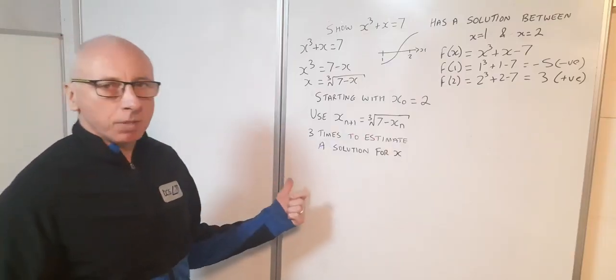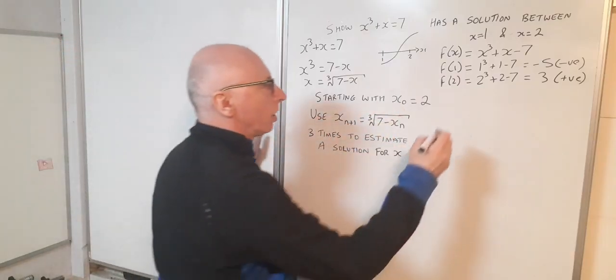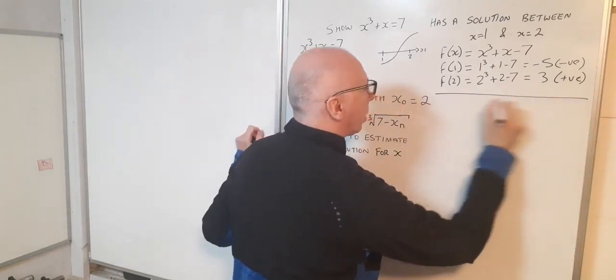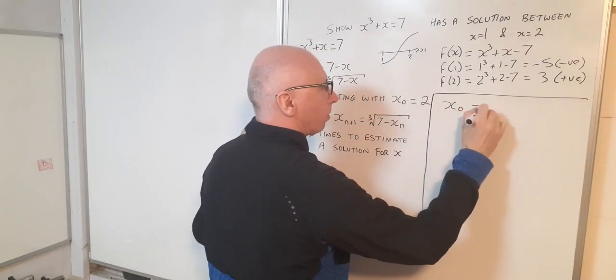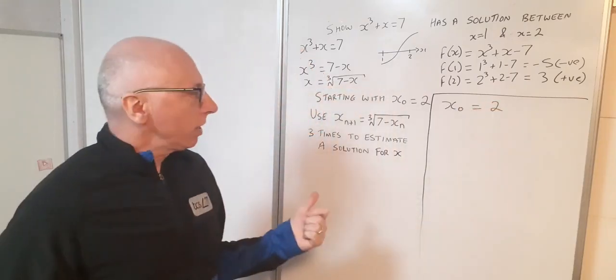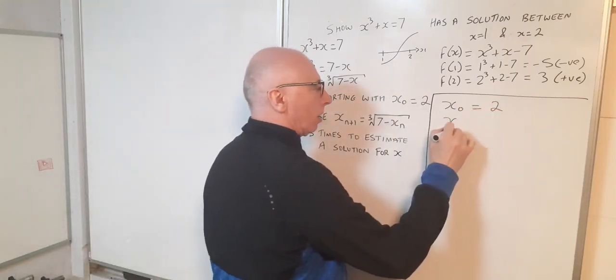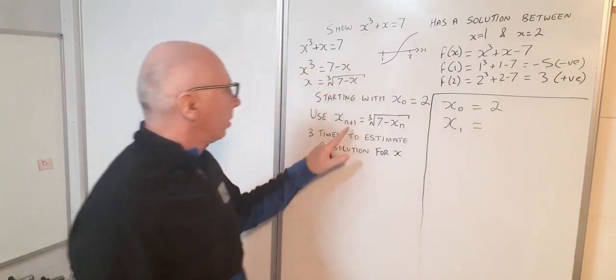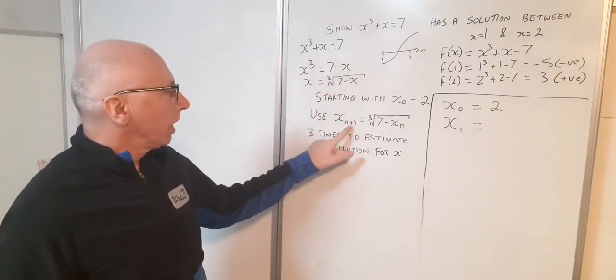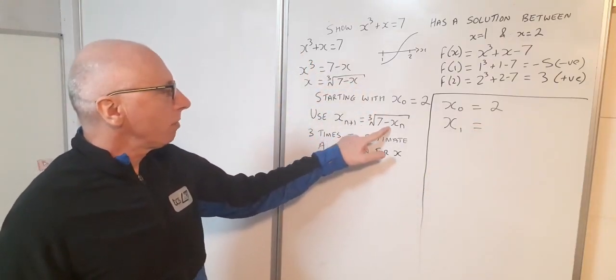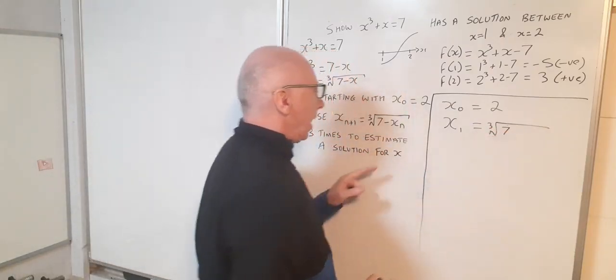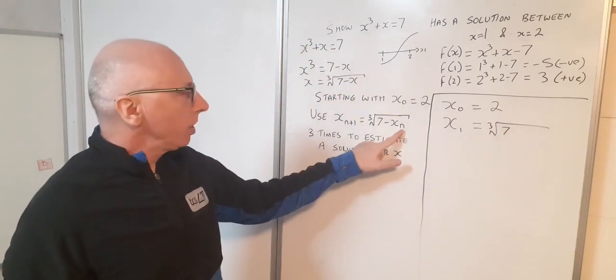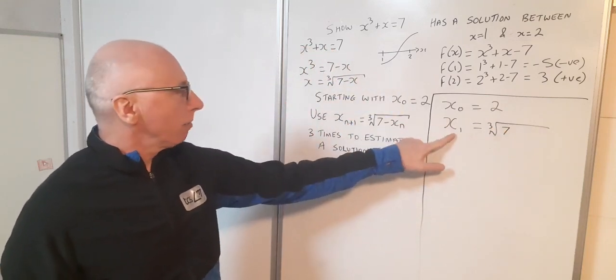So with iterative terms here, x naught equals 2. So let's just put a line there. x naught equals 2. So now what is x1? So x1 would equal, so x n plus 1 equals cube root of 7 minus x n, which is going to be x0 in this case because that's n plus 1.